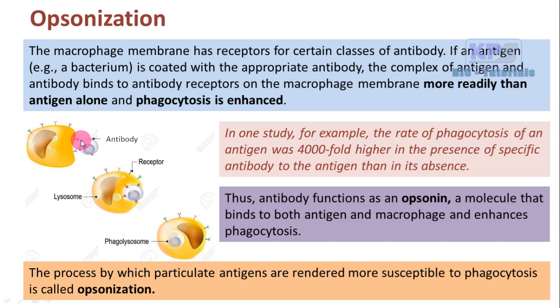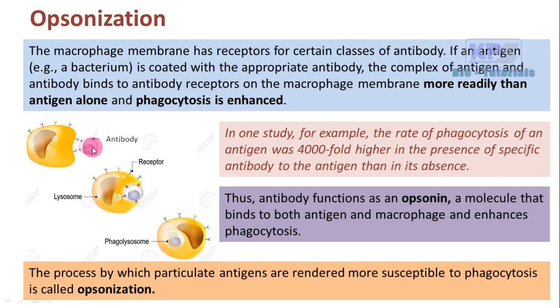When a pathogen, for example a bacterium, may already be coated with an antibody, the antibody bound antigen comes close to the macrophage. The macrophage already has a receptor for the Fc region of the antibody, so the Fc region binds to these Fc receptors on the macrophage.